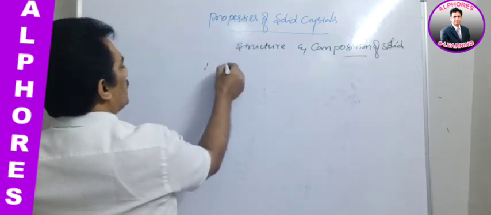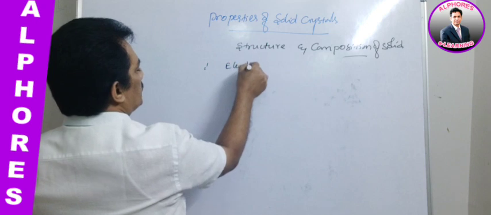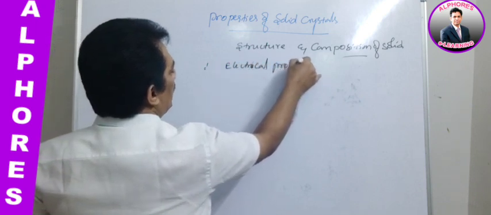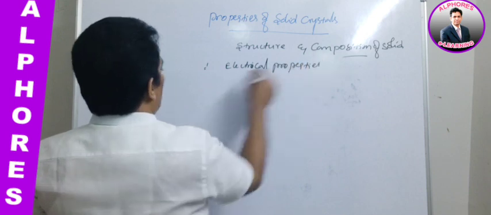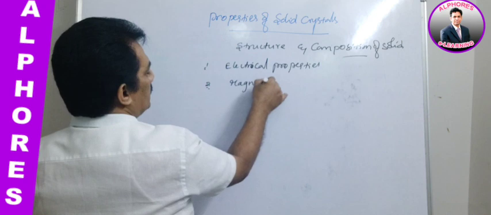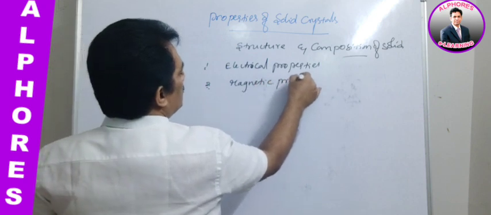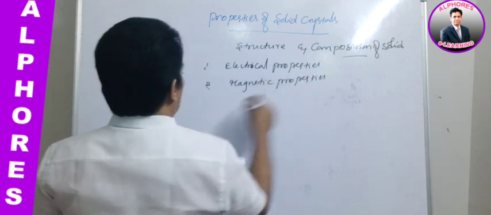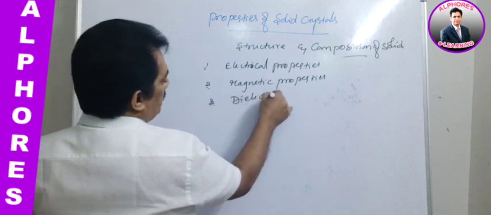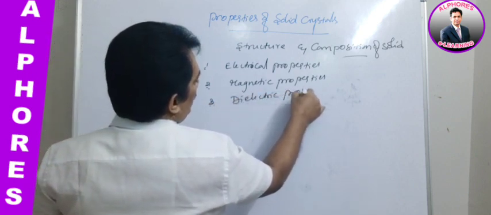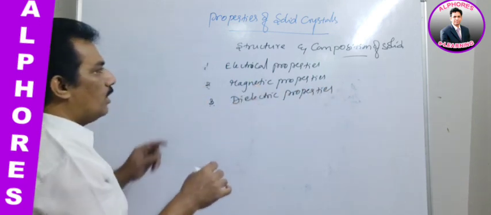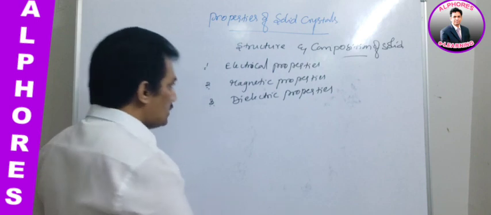They are electrical properties, one, and the second one is magnetic properties, and the third one is dielectric properties. These are the three properties that depend on structure and composition of the solid.